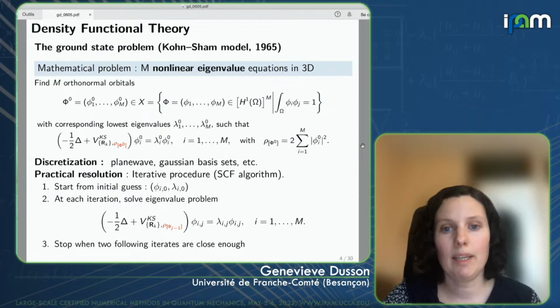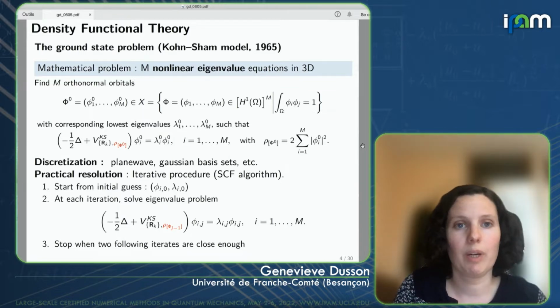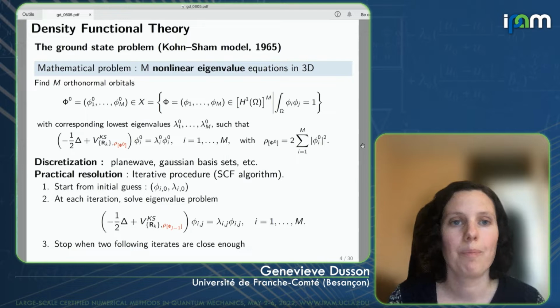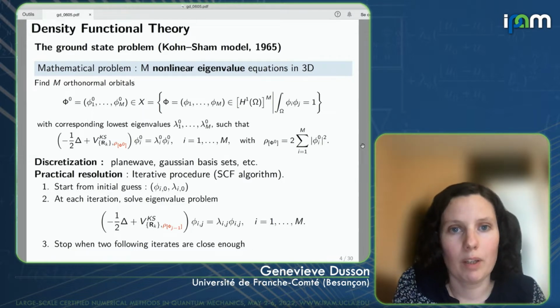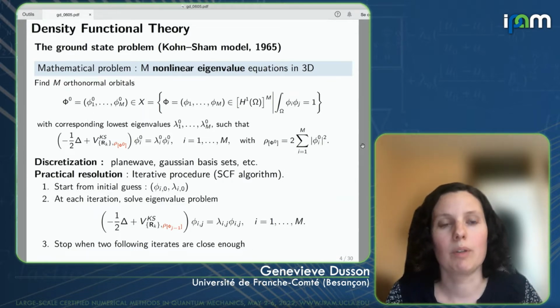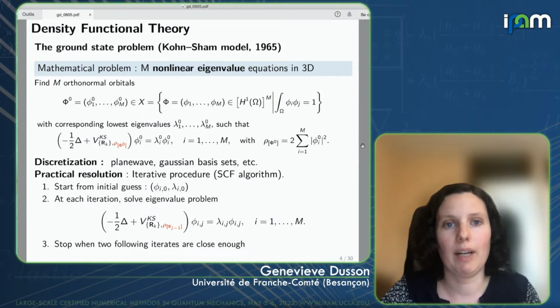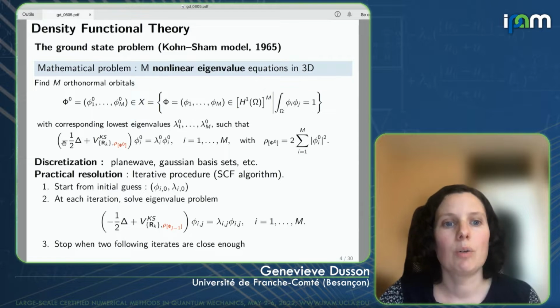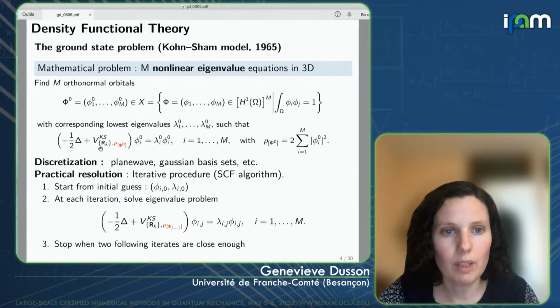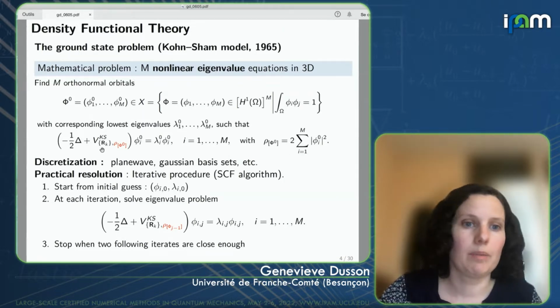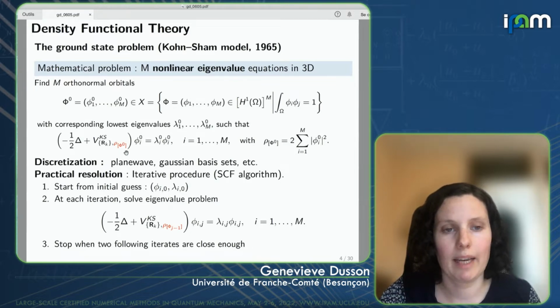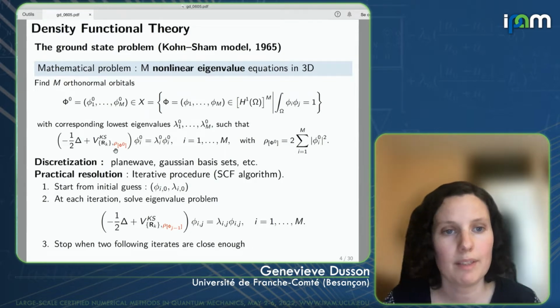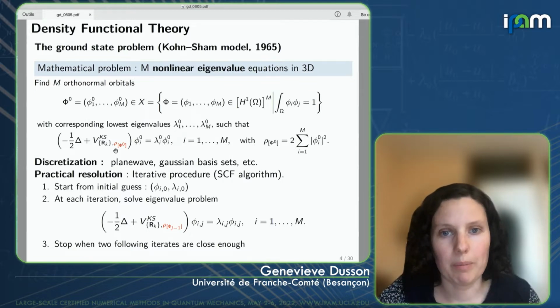Mathematically, if we write the Euler-Lagrange equations of the problem, we obtain a nonlinear eigenvalue problem to solve, specifically M nonlinear eigenvalue equations, where M is the number of electrons in the system. The operator that has to be diagonalized is the Hamiltonian, and one of its main features is that it depends on the exact density of the system. That makes the problem nonlinear.